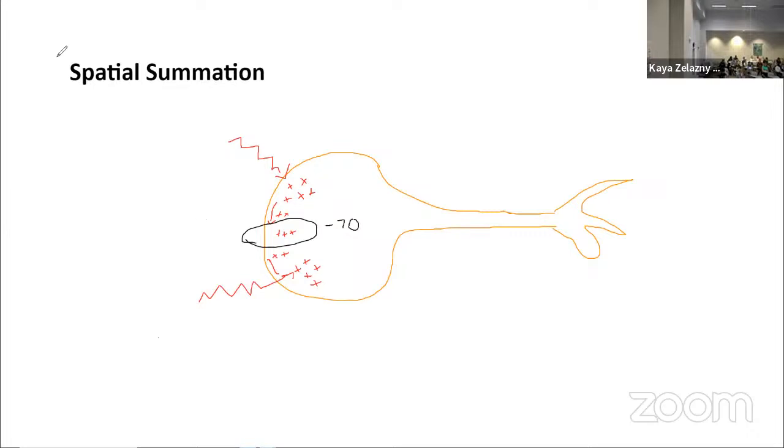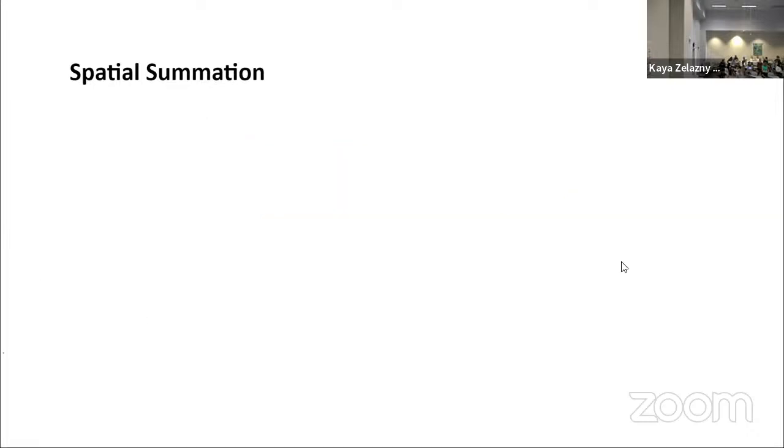That was not related to spatial summation directly, but just to how graded potentials are in total. Okay. So these are the two ways that we can have additive effects for graded potentials. Questions? Cool. Awesome. It should not be that complicated, so that's great.